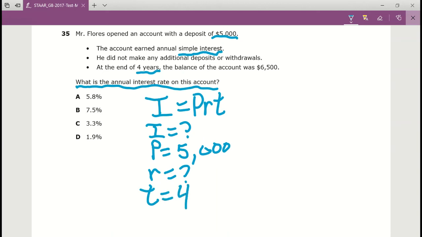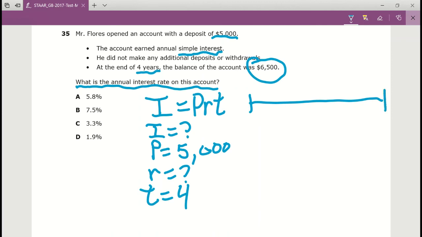All right. So where to go from here? I would say the thing we should do is look for the interest. This is by how much our money grew over the 4 years. So let's draw a timeline.